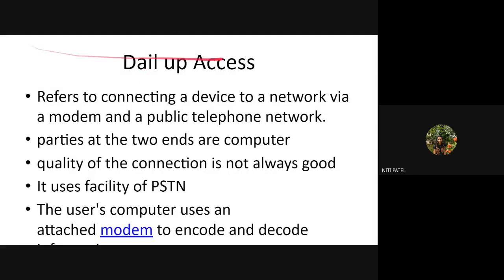Therefore, it is named dial-up access. You dial up the number and then take access of the internet service. Is this clear? Both concepts are the same, but the only difference is that I do not have to dial for connectivity in PPP, but I have to dial for connectivity in dial-up access. Is this clear up till here?